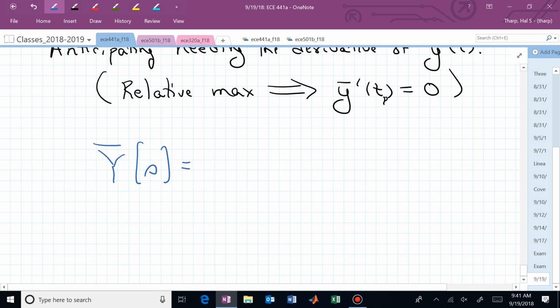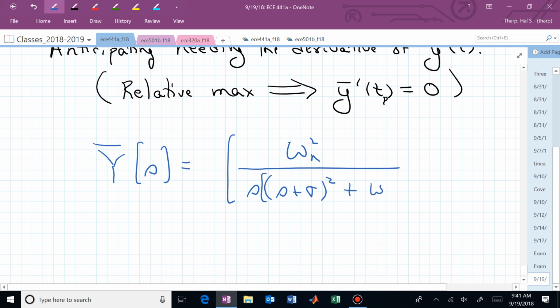Y bar of s was omega sub n squared over s times (s plus sigma squared plus omega sub d squared). Now I'm mixing sigma, omega sub d, omega sub n, but that shouldn't make you too uncomfortable. You know the connections. That's the expression for y bar.